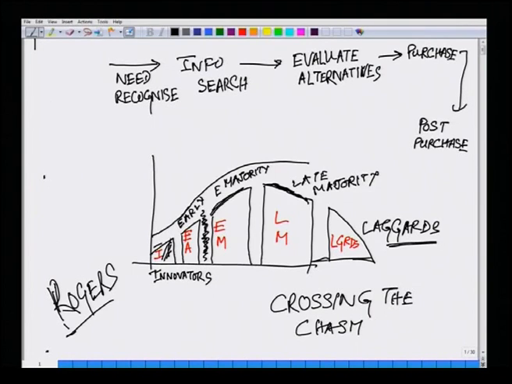These issues like relative advantage, compatibility, observability of trials and clear communication of benefits.